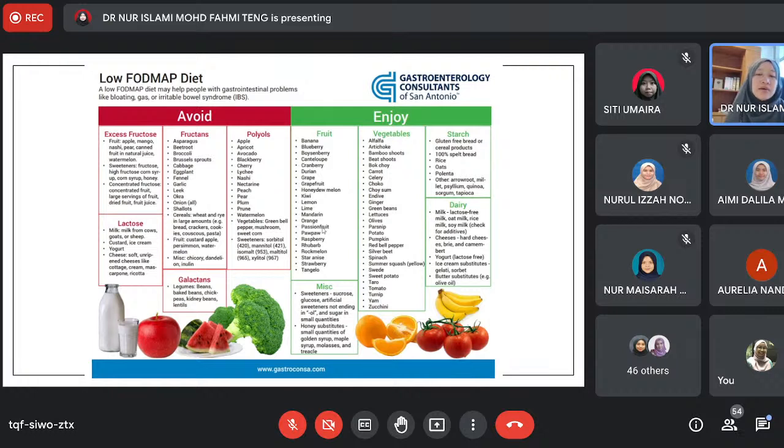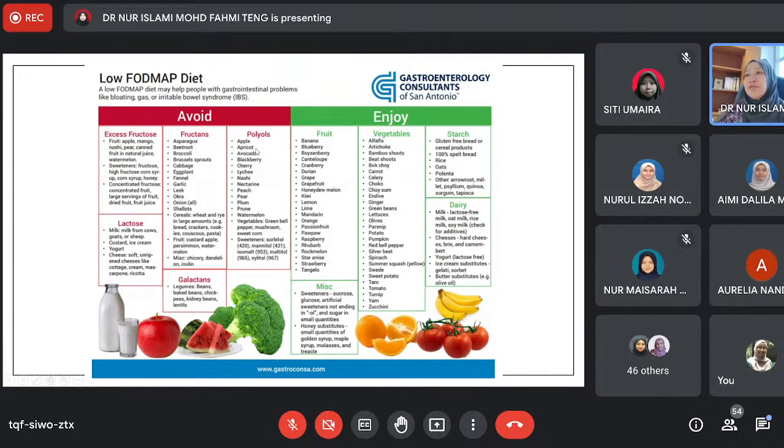So they can cause pain, nausea, bloating and fullness. So it claims here a low FODMAP diet may help people with GI problems like bloating, gas or irritable bowel syndrome.